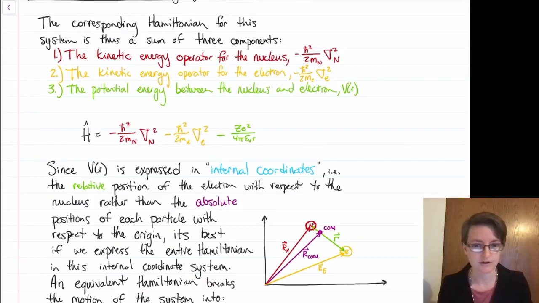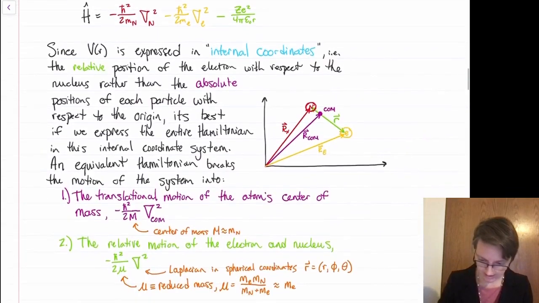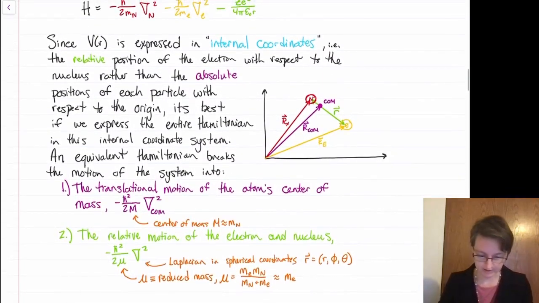That would be that purple vector, and then as a second vector to describe the relative position between the two particles. So I could either talk about the problem in terms of red and yellow, or I can talk about it in terms of purple and green. And since I have the potential in terms of green right now, it's going to be easier for me to re-express these red and yellow terms in terms of the purple and green arrows, rather than trying to do the reverse problem. So that's pretty technical, but we can do this coordinate transformation.